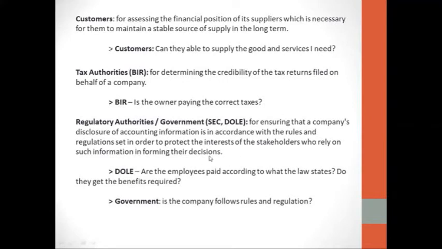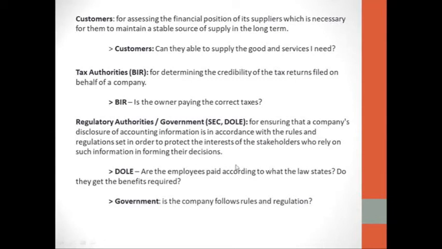So DOLE will be needing our financial information for them to be able to see if we are following the rules and regulations provided by them, and on what the law states as well. So they need to make sure that the employees of that company are paid well. They also need to make sure that they do receive their benefits, as well as the government.